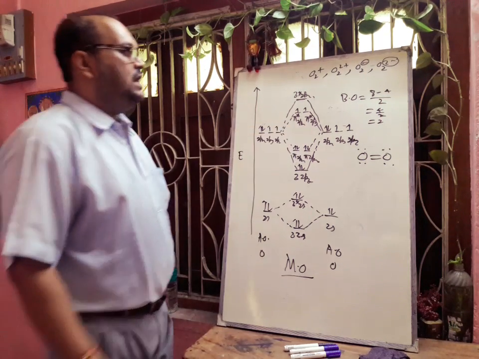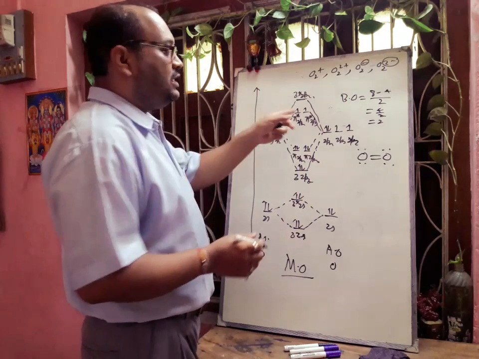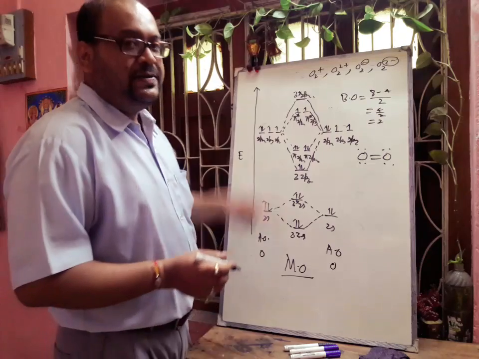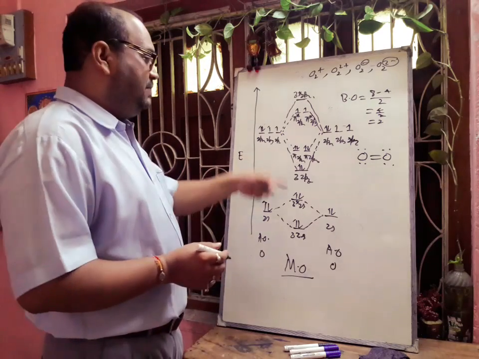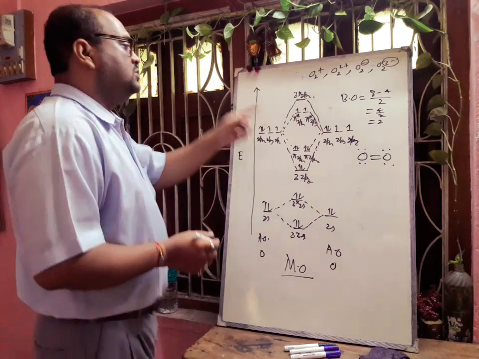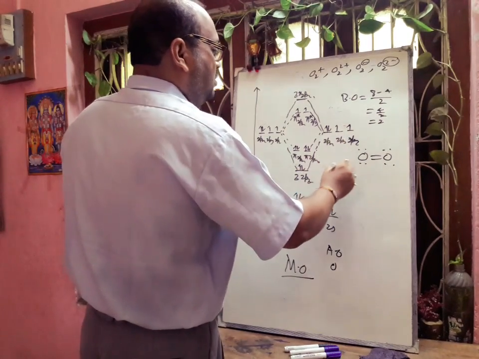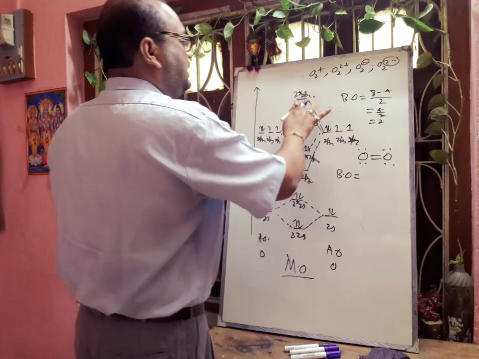So will the bond order decrease or increase? When an electron goes from the anti-bonding, the bond order will increase. But if an electron goes from the bonding, the bond order will decrease.